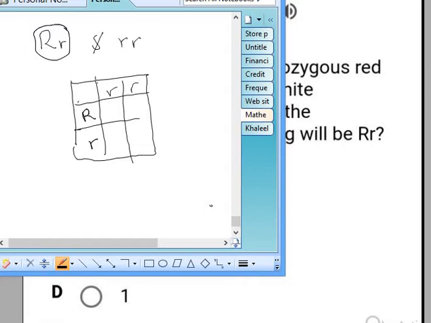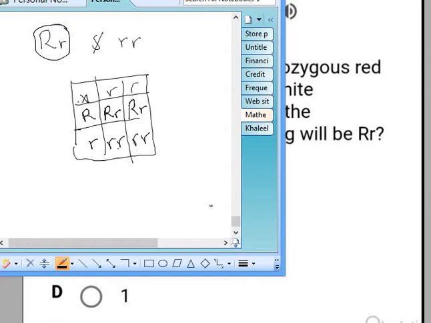So we want to cross it, let's say multiply. Capital R times small r gives capital R small r. Small r times small r gives small r small r. The next one times small r is also small r small r. So this is the table.